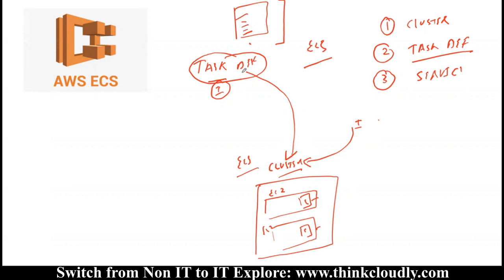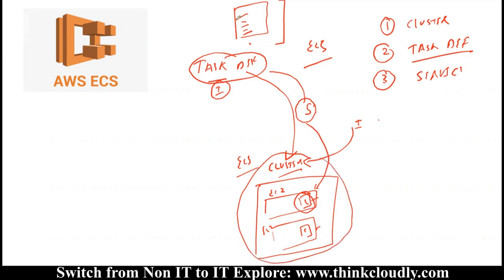Then what connects the task definition and the cluster is the service. So you basically go to the cluster and create a new service. This service picks up this task definition and runs this image. So the service is responsible for reading through the task definition, and according to the task definition, it runs this container. So the cluster is just an infrastructure you can imagine.